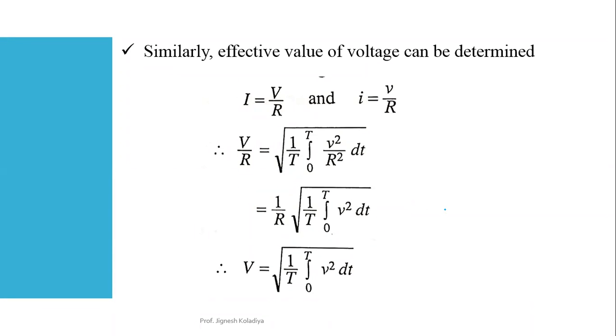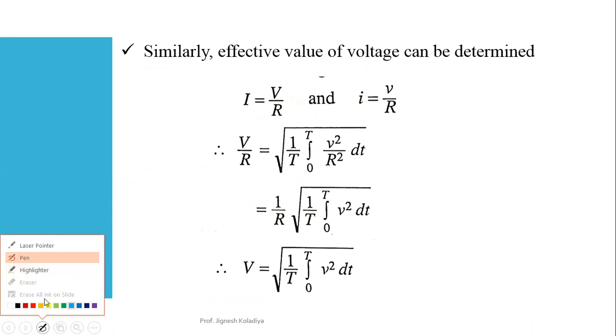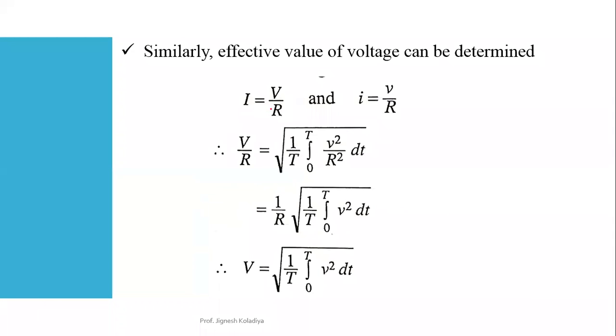Effective value of voltage can be determined by this, because in case of DC I can write I is equal to V by R, and in case of AC it will be small i is equal to small v by R. I told you, if you remember, that instantaneous value is always represented by a small letter. So here you can see small i and small v. So this is for AC and this is for DC.